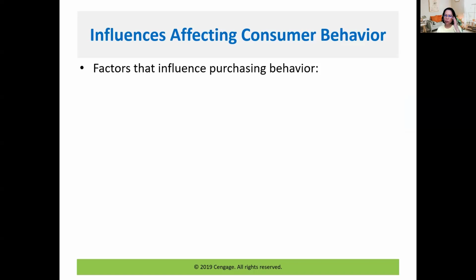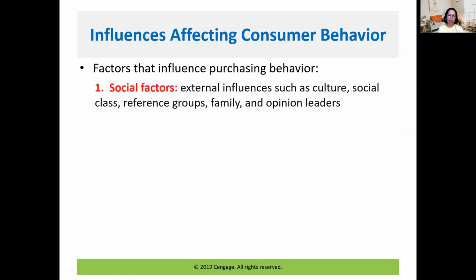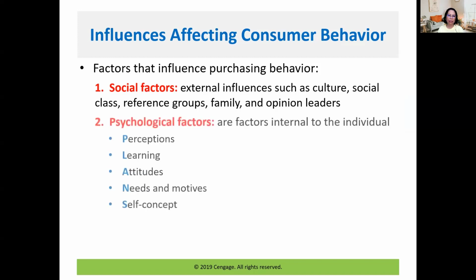Now let's look at the factors that influence consumer purchase behavior. First, social factors may include external influences such as culture, social class, reference groups, family, and opinion leaders. So remember, these are external influences. Next are psychological factors.